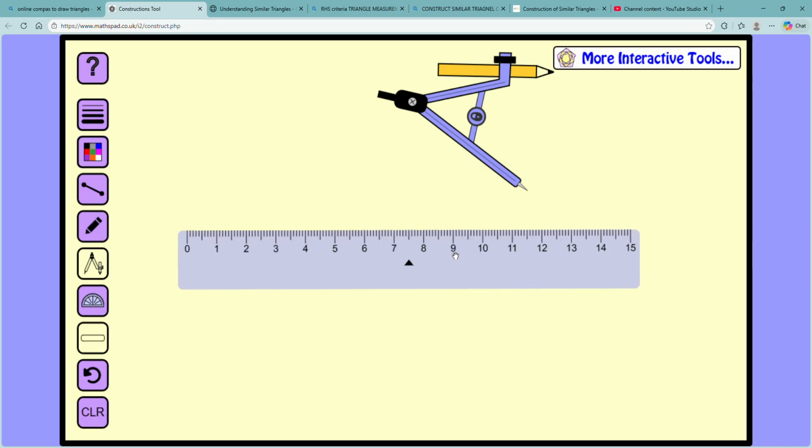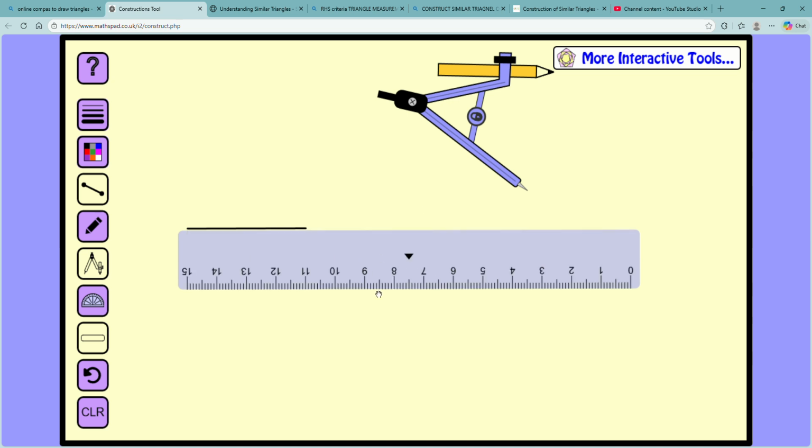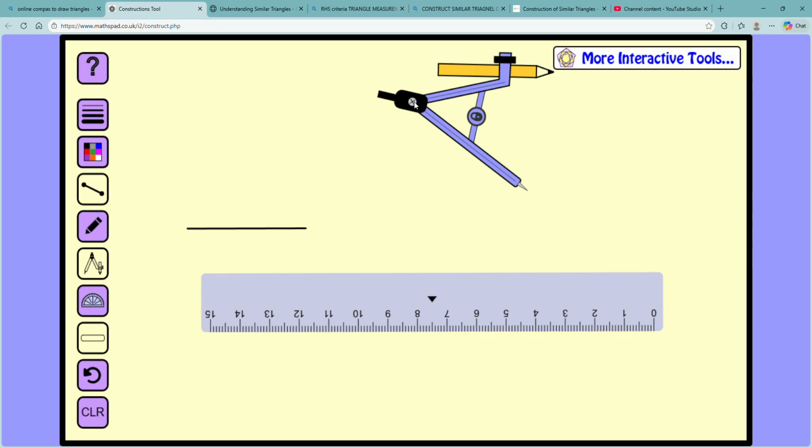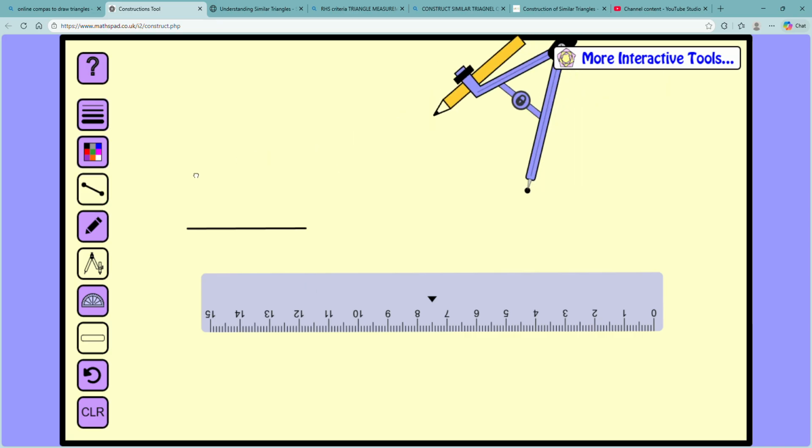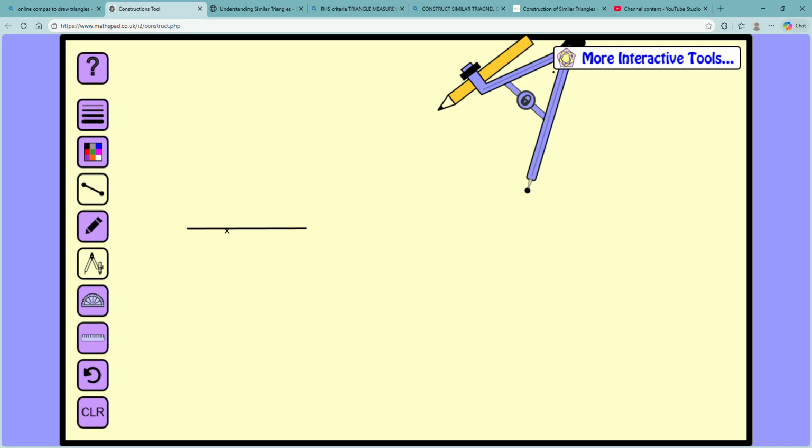First I'm drawing the base of the triangle with a measurement, for example 4 centimeter, and another side with some random measurement. We can use the compass as well, but I don't want to use it since we have already gone through this. So I'm just drawing a random triangle here. This is another side, this is another side. We can name this A, B, C.